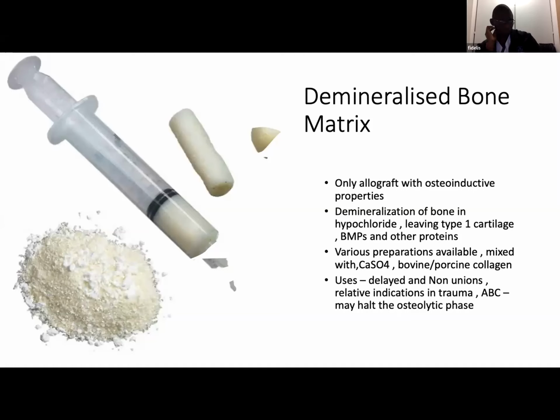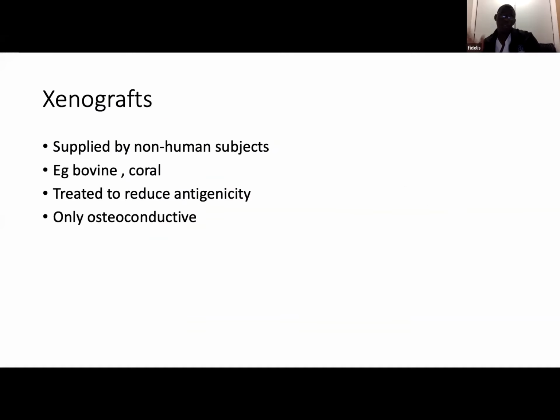And then there are also new indications for using it in aneurysmal bone cysts, and it has been shown that it may actually halt the osteolytic phase in aneurysmal bone cysts. Okay, and then xenografts.